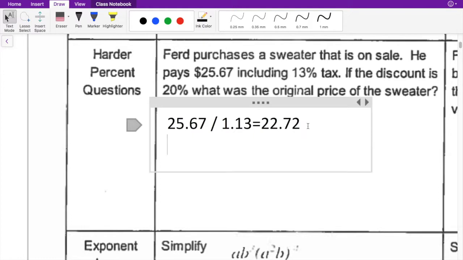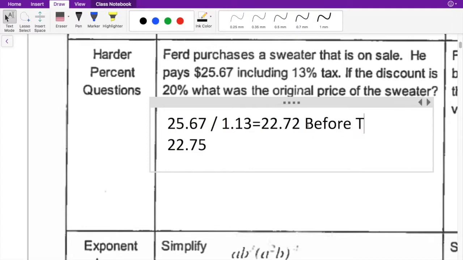Now we know that price was the price with the 20% discount, right? So to do the 20% discount, we would have timesed it by either 0.8 to get the price, or timesed it by 0.2, then subtracted that from the original price. But since we want to go backwards, we're going to times it by 1.2.